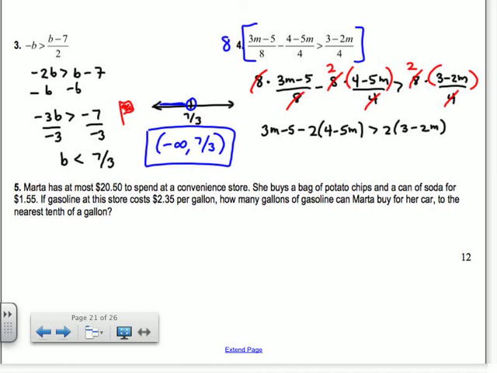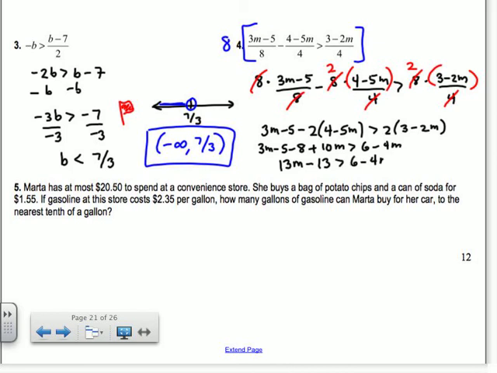Okay, now keep solving. So I'm going to have 3m minus 5 minus 8 plus 10m, I distributed my negative 2, is greater than 6 minus 4m. On the left side, I'm going to combine my like terms. I have 3m plus 10m is 13m. Minus 5 minus 8 is negative 13.